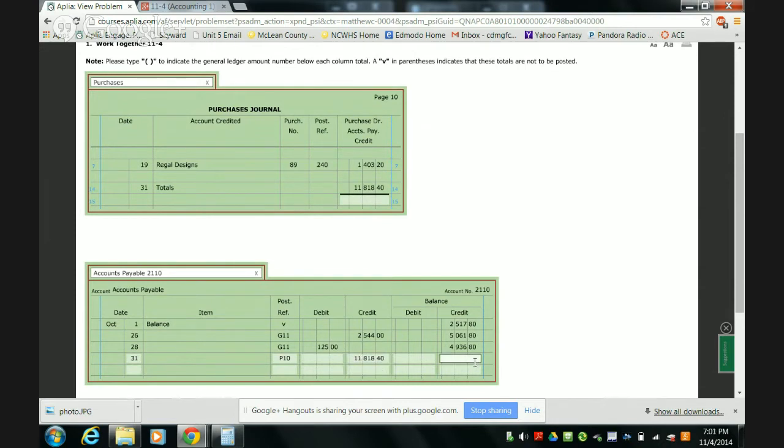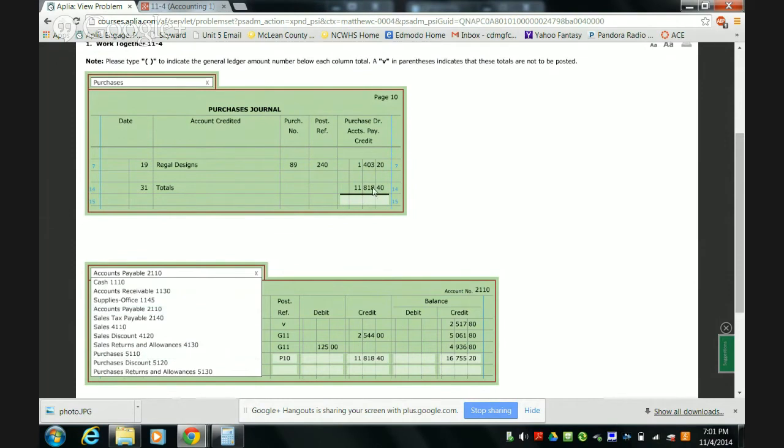I add that here, and I get my total of $16,755.20. Again, I'm just adding a credit to a credit to get this amount. Now I've posted to both of these: I've posted to purchases and I've posted to accounts payable.